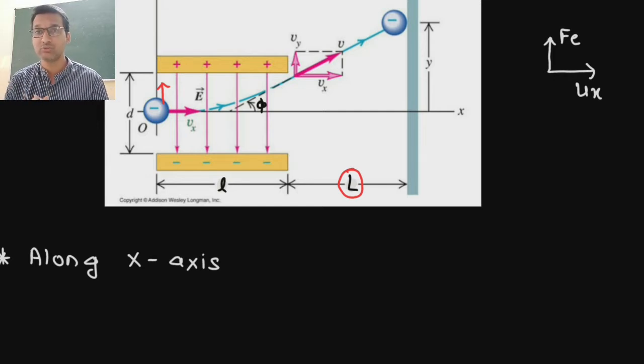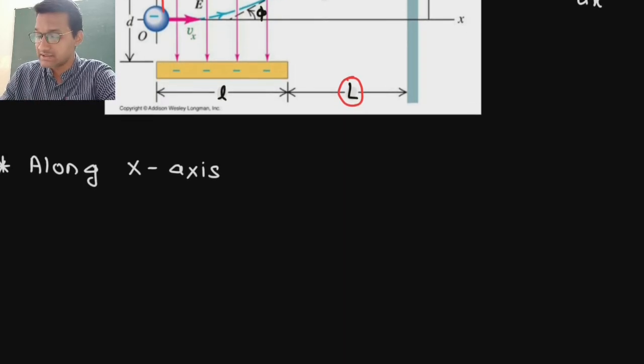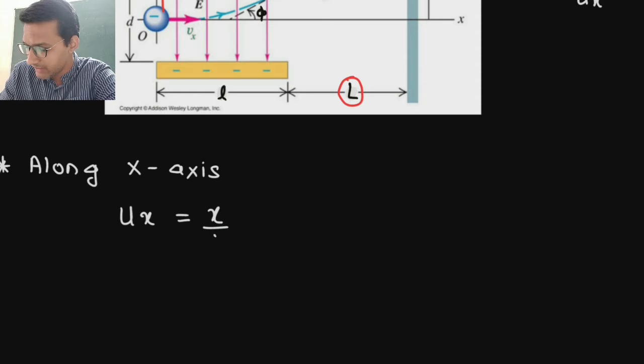We will divide this motion into two parts, horizontal part and vertical part. Now along x-axis, the velocity is ux and it may be traveling a distance x in that direction. It will take a time, let us say t, for that journey.